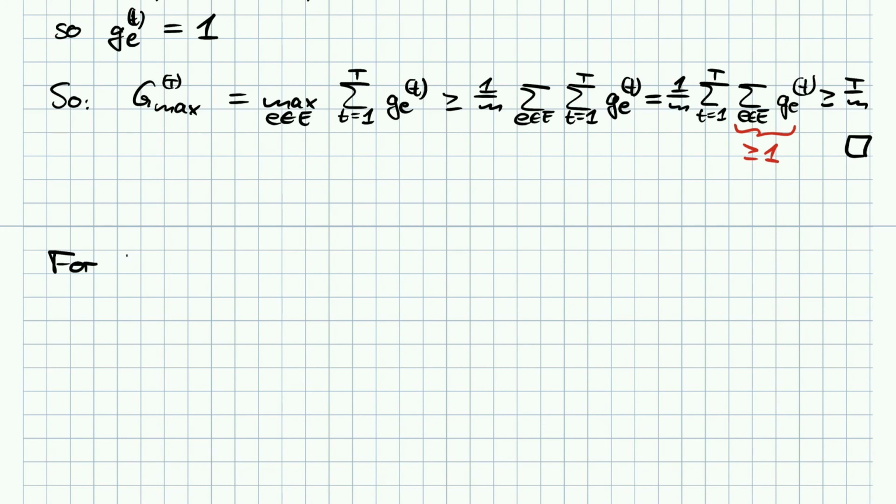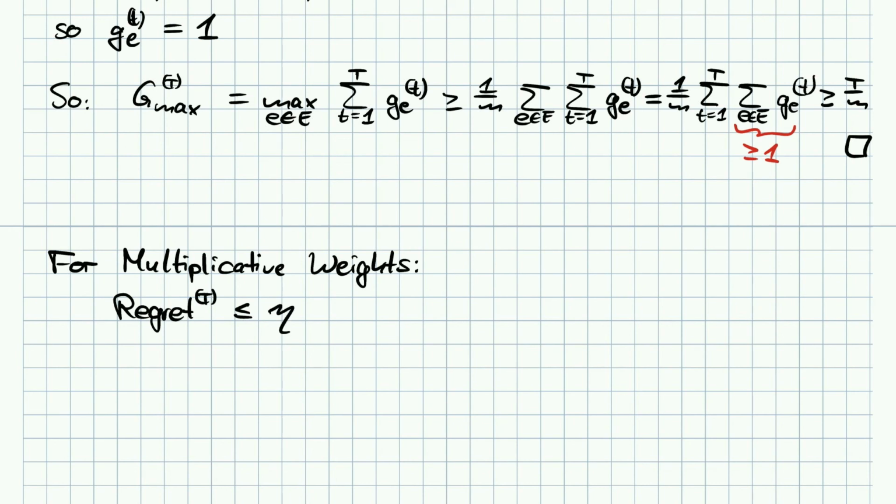For multiplicative weights, we have that the regret after t steps is at most eta times g max t plus ln m over eta. And so, what was it that we had before?